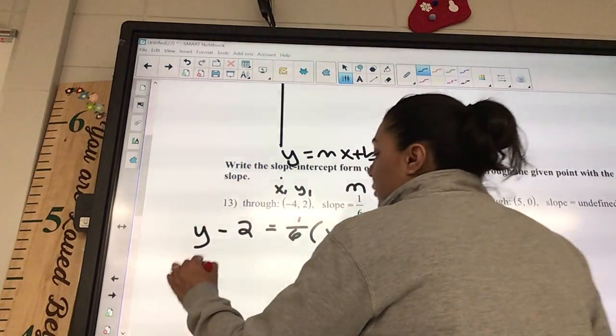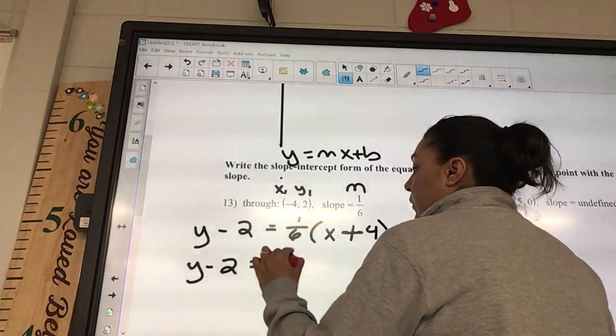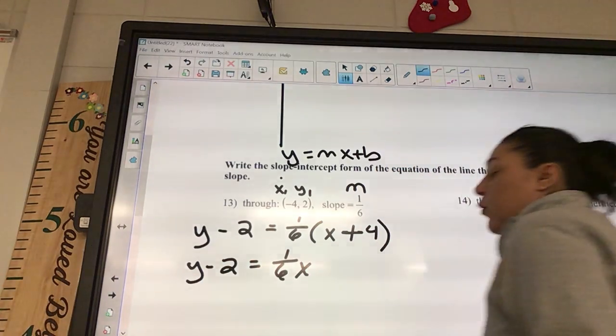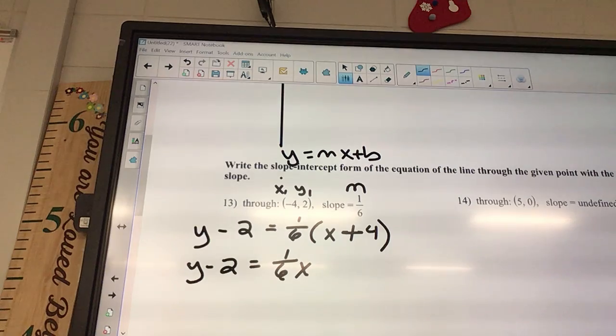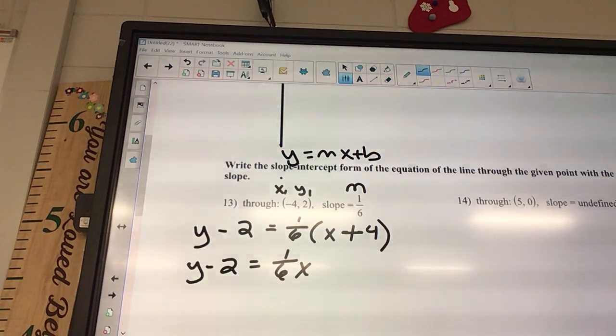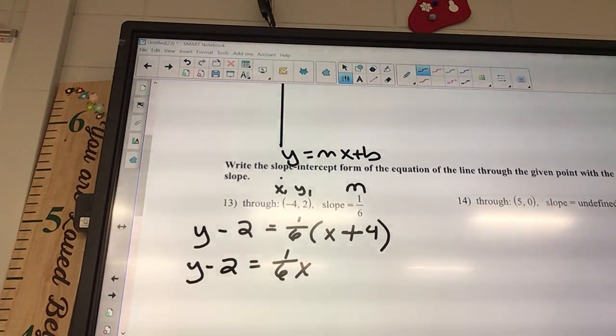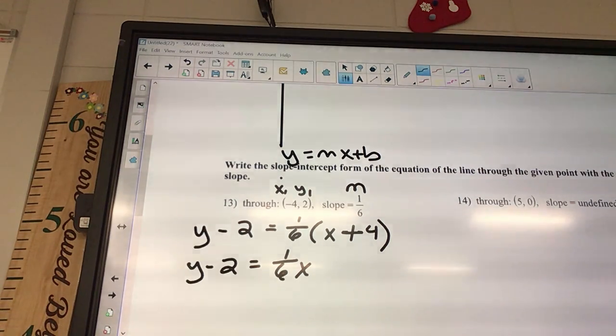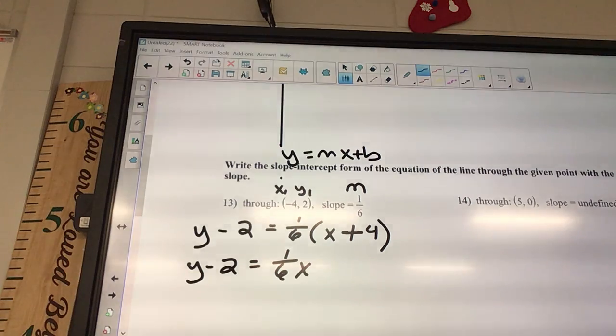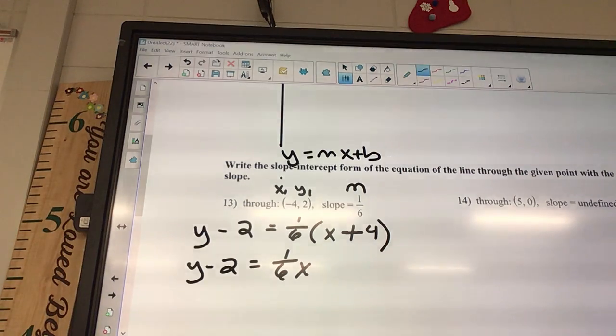We need to distribute. What is 1 over 6 times 4? 2 over 3.